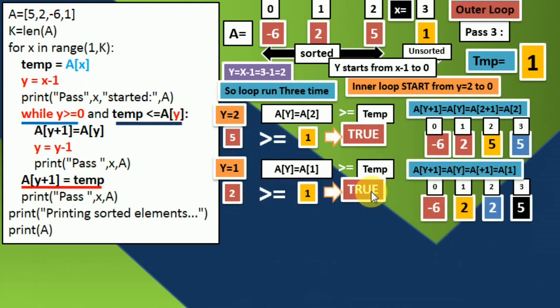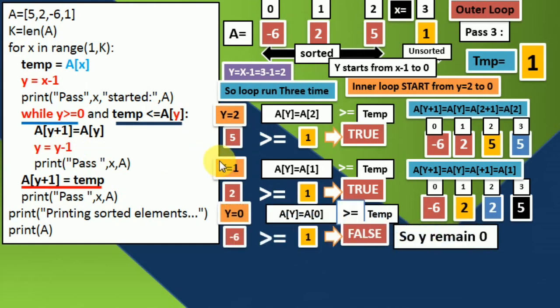So the value is now being overridden. The right side value is overridden, and there are two 2s, one in the yellow box and one in the 2 position. Now next time y equals y minus 1. Y equals 0. Now what is the condition? At y equals 0, the value is minus 6.